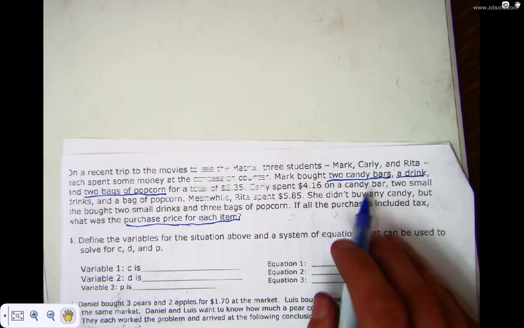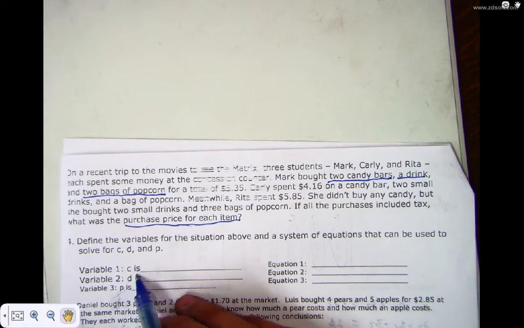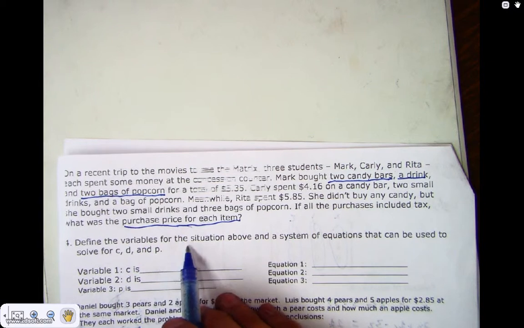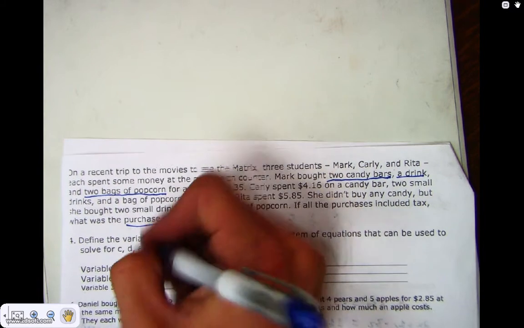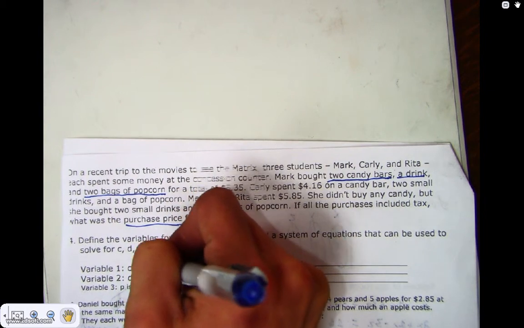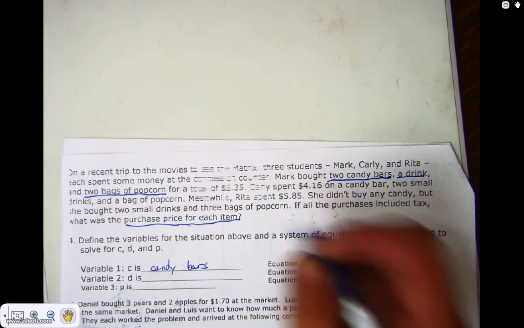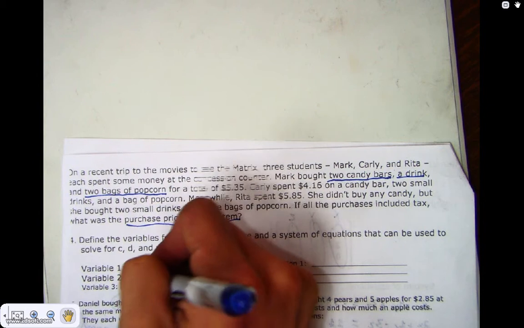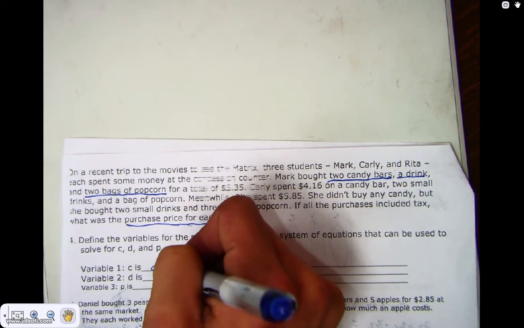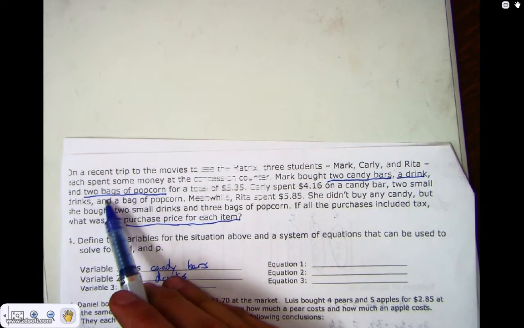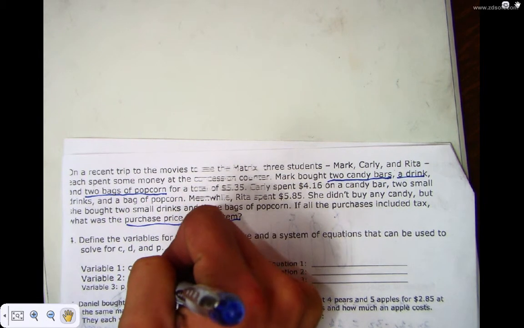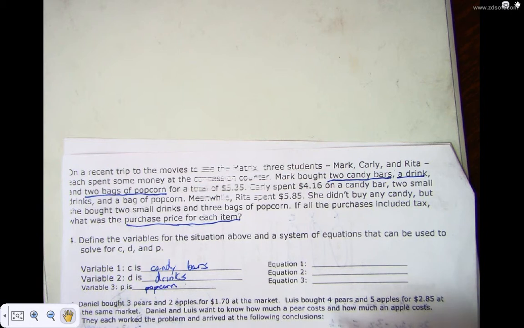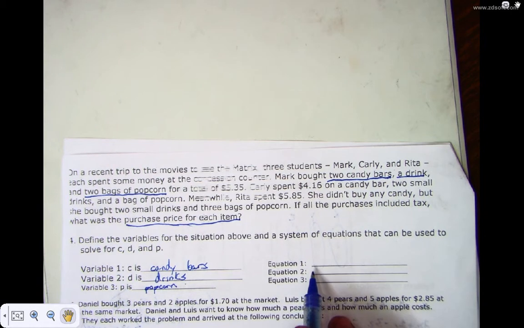So it says define the variables for the situation above. So we need to define them first. C is candy bars. D is drink, or drinks. And then P is, of course, popcorn. We're going to write out these equations. I'm just going to write one equation, okay?